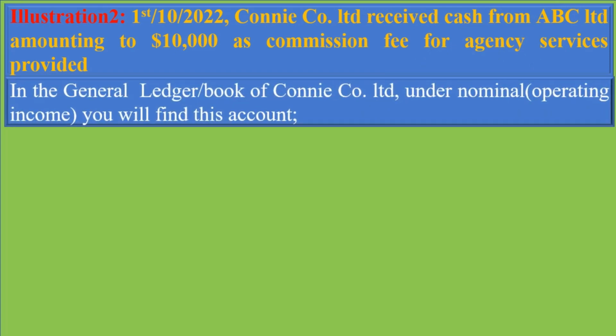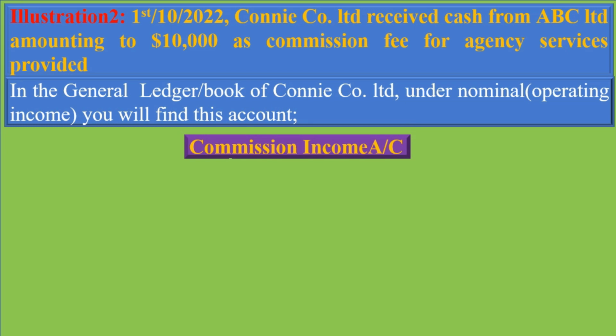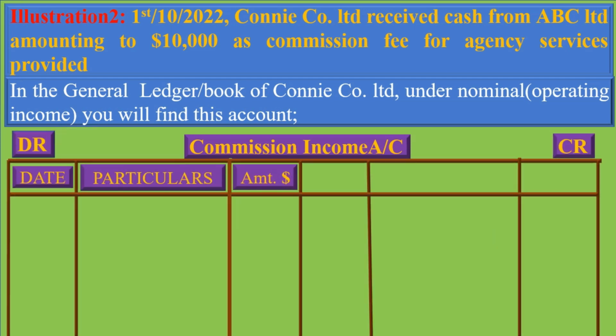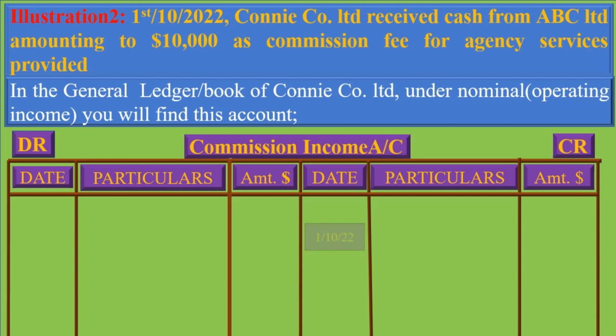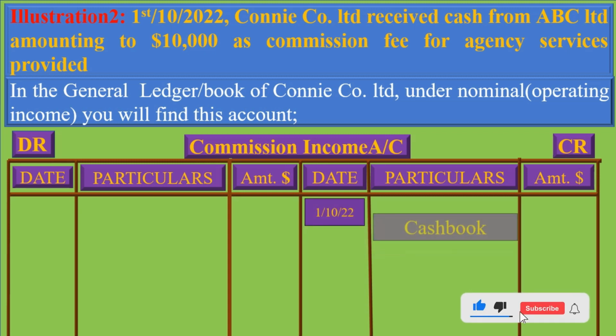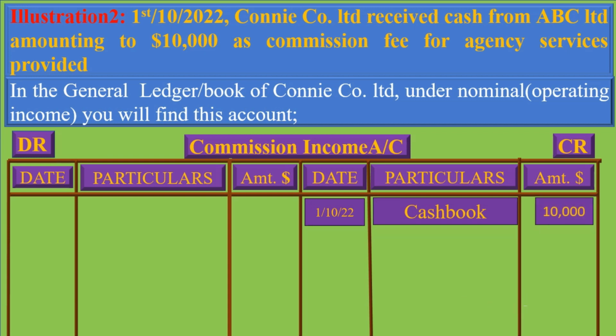So when you go to the general ledger or book of Conye Company Limited and a nominal, that is operating income, you will find this kind of an account, that is commission income account. Now this account, the recording is done on the credit side as shown below here. That is, on 1st October 2022, we see cash book recorded on the credit side of 10,000.